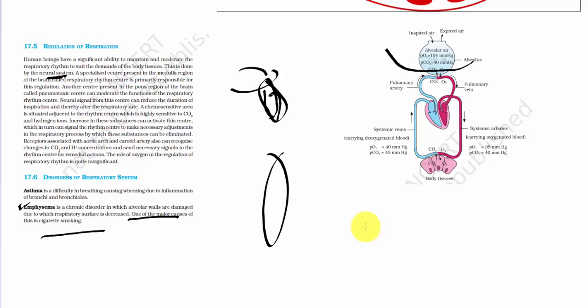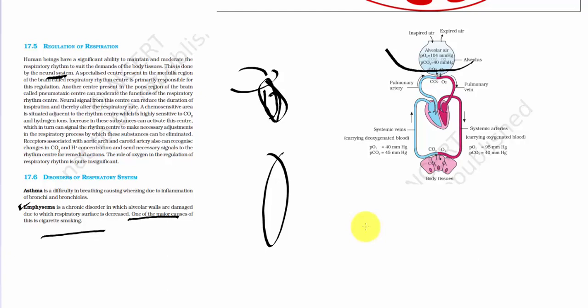How do we transport oxygen from the atmosphere outside to the cells? We have a mechanism of breathing in which air enters through the nose. It enters our lungs, where it is exchanged between the blood capillaries and the alveolar wall. When it is exchanged, it is moved to the heart.